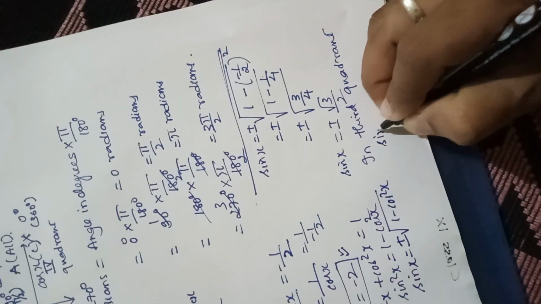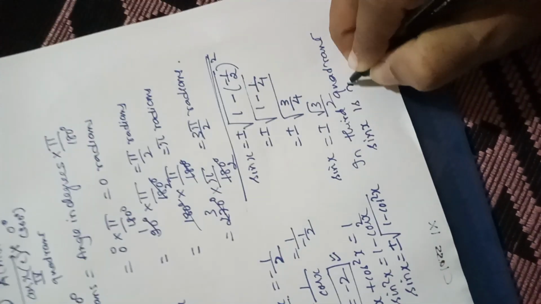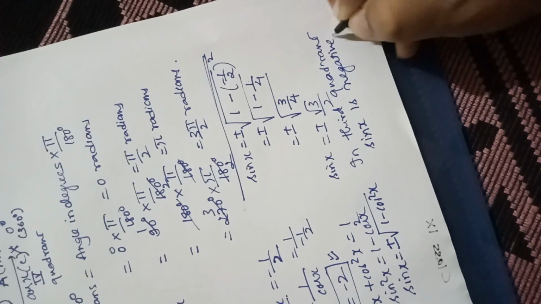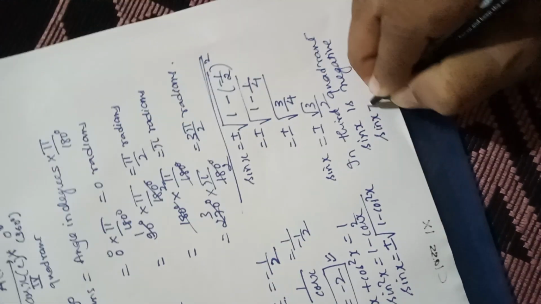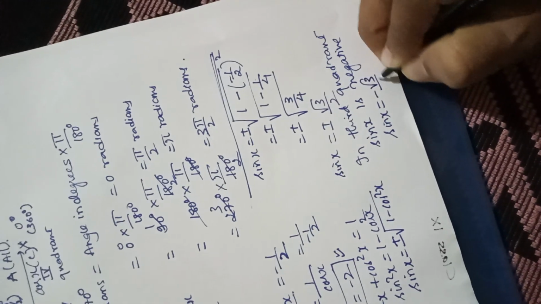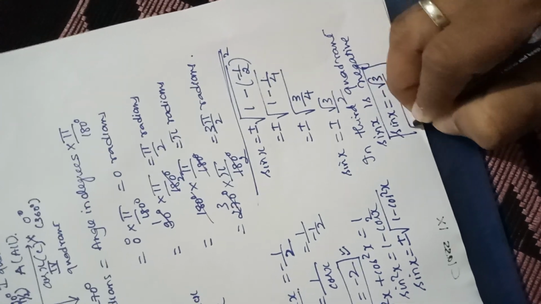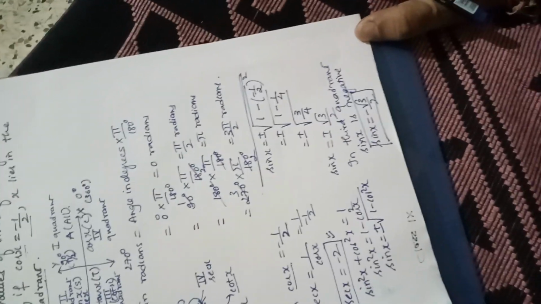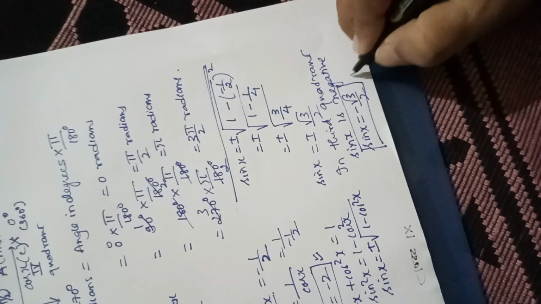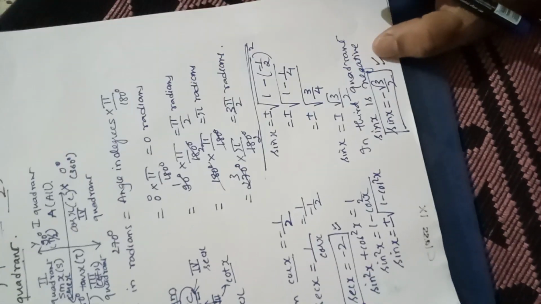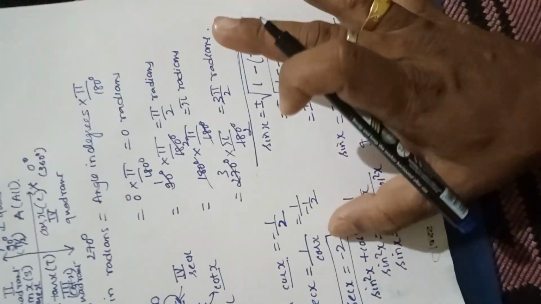Sin x is negative, so we take the value of sin x as minus root 3 by 2. So this is the value of another trigonometric ratio. So far we have found the values of two trigonometric ratios other than cos.